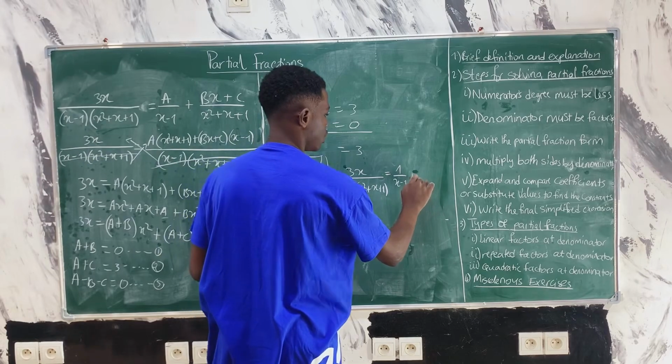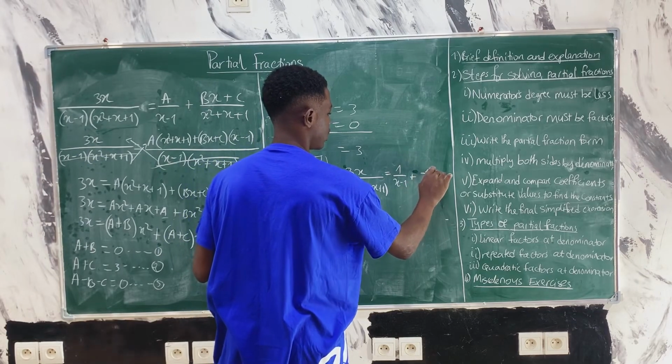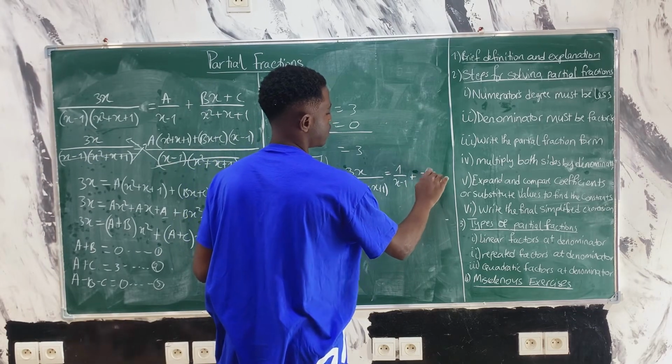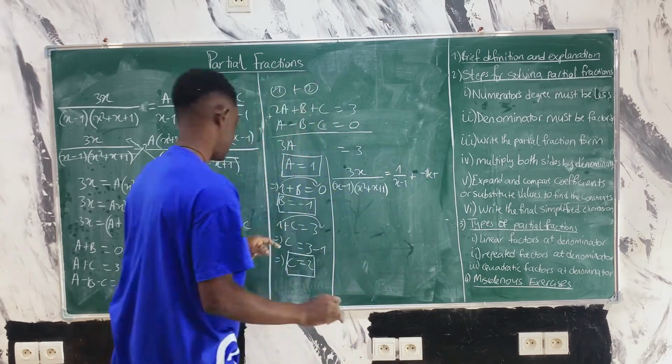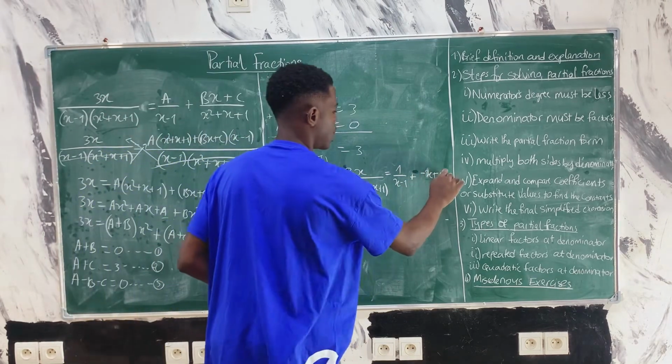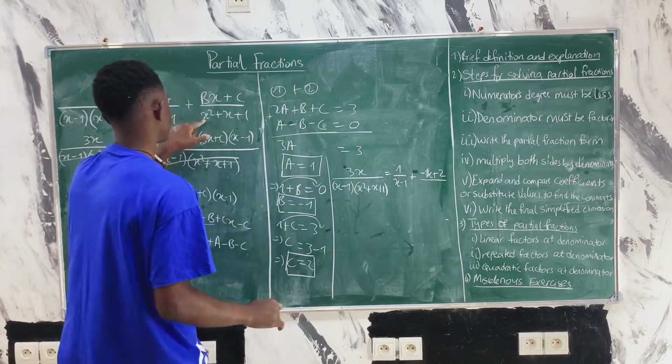My b is minus 1, so I have minus 1 times x, which is minus x, on x squared plus x plus 1.